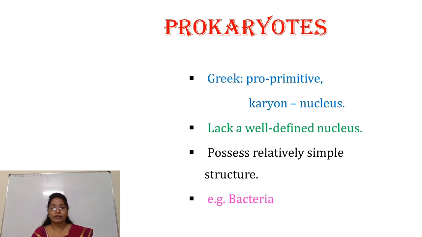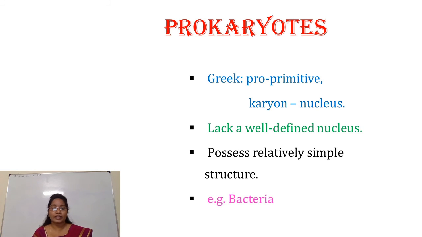Prokaryotes, as I said, pro means primitive and karyon means nucleus. One important feature of prokaryotes is that they lack a well-defined nucleus and they possess a relatively simple structure as compared to eukaryotes.